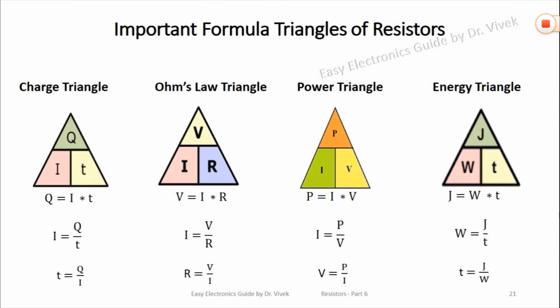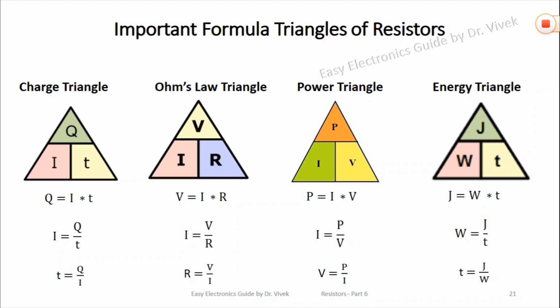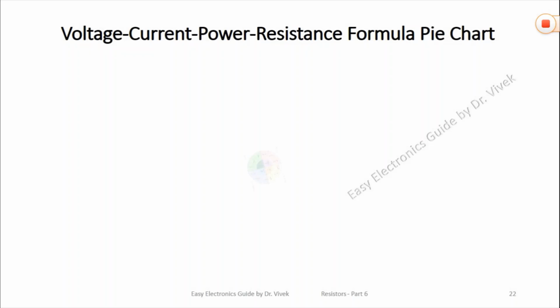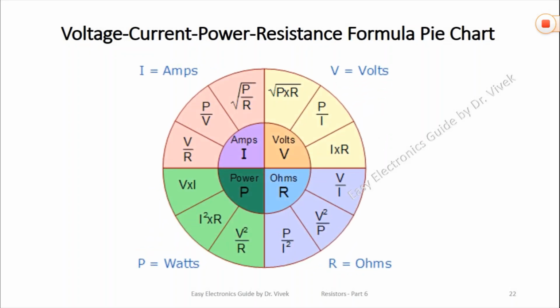The important formula triangles of resistors are the charge triangle, Ohm's law triangle, power triangle, and energy triangle. This slide gives the summary of the major equations related to the resistors.